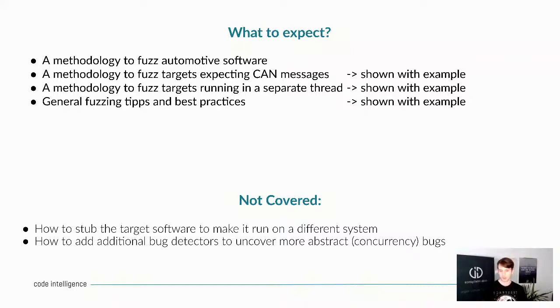But because this would take just too much time to show all of this, today we will focus on how to make automotive software fuzzable, how to make software that takes CAN messages as an input and runs in a separate thread fuzzable. And then the next step would be to identify ways how to uncover even more abstract bugs. So this might be a second webinar, but this will not be covered today.